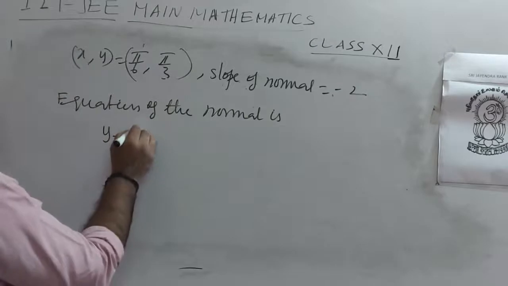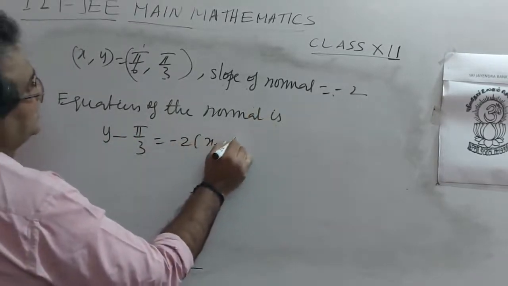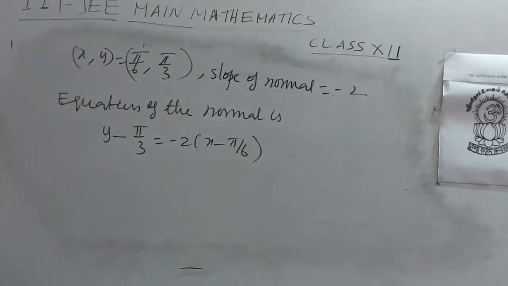y minus y1, that is pi by 3, equals slope of the normal, minus 2, into x minus x1, that is pi by 6.